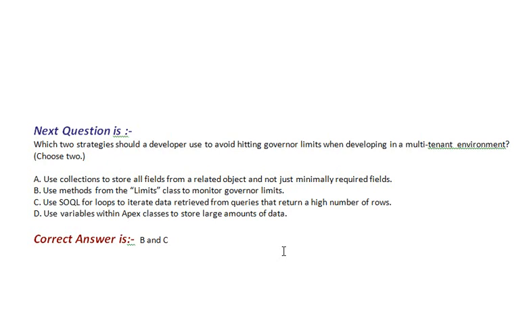Option B, use methods from the Limits class to monitor governor limits. Option C, use SOQL for loops to iterate data retrieved from queries that return a high number of rows. Option D, use variables within Apex classes to store large amounts of data. Correct answer is option B and C.